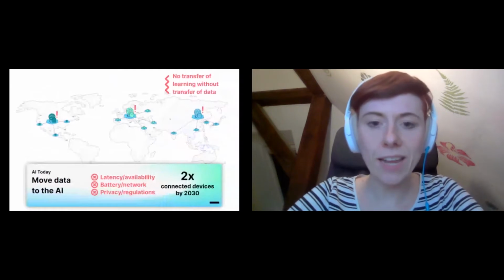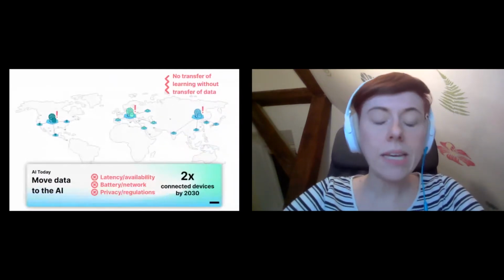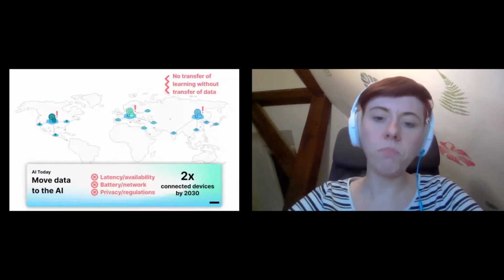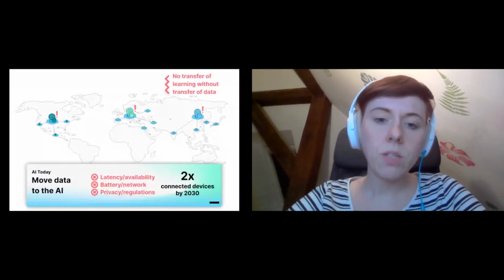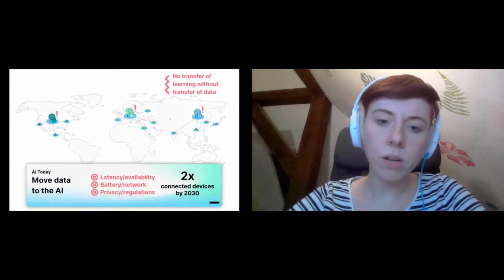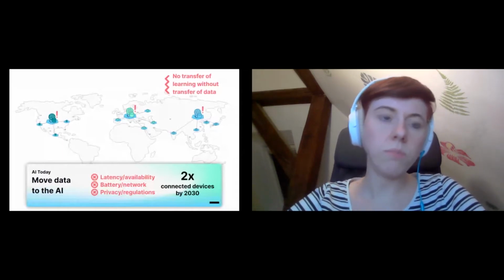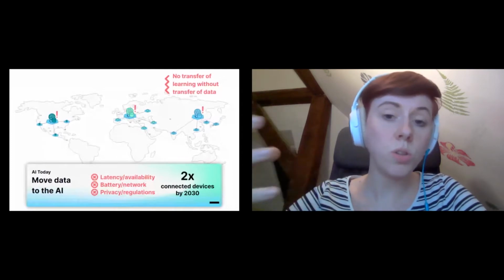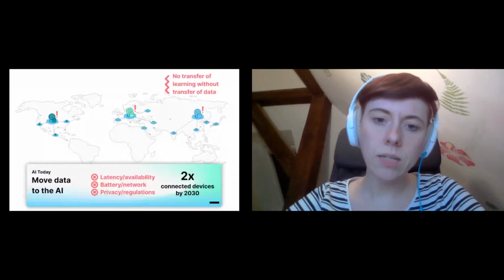So the problem of today with centralized learning or with AI models is the following. Mostly you have different types of devices that have data. For example, on your phone, you have a lot of data. But in order to use this data and to make AI models, you have to move the data to the cloud or to the server. And the server collects different types of data and performs trainings on these data.